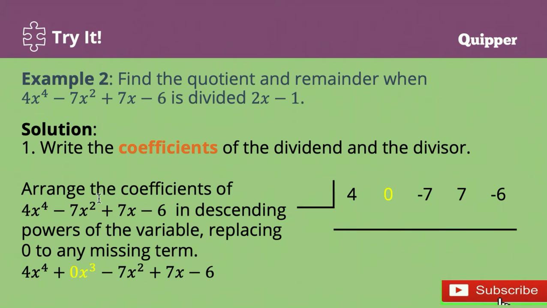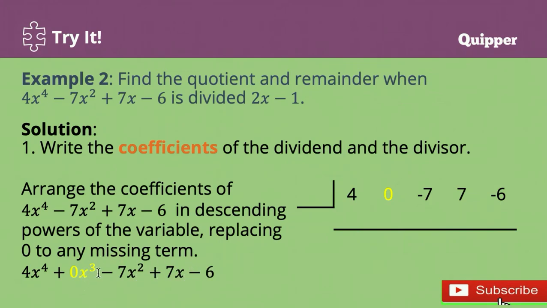Now, in the given dividend, the exponents are already arranged, but there is a missing term, which is the cubic term. Take note that if there is a missing term, we need to put 0 as the numerical coefficient. That is why you have there 4x to the fourth power plus 0x cubed minus 7x squared plus 7x minus 6.